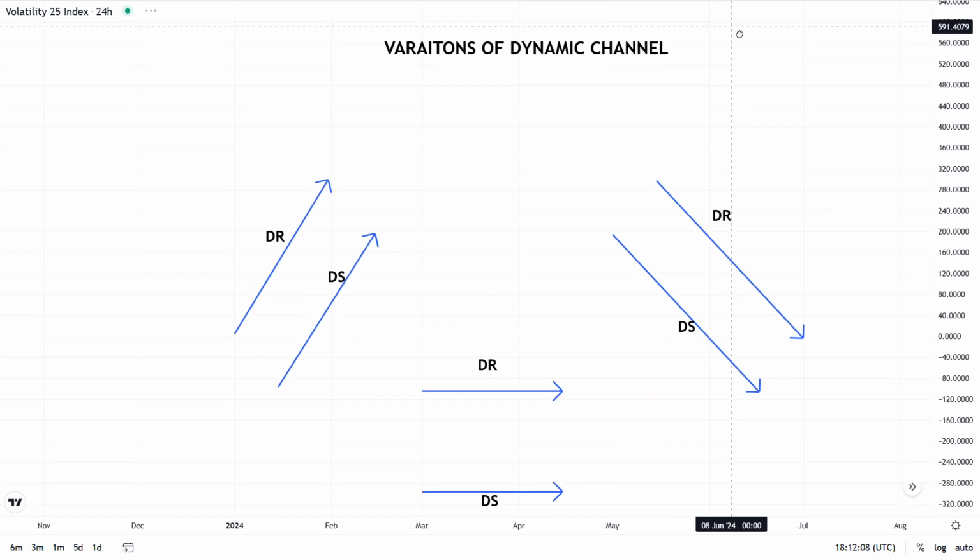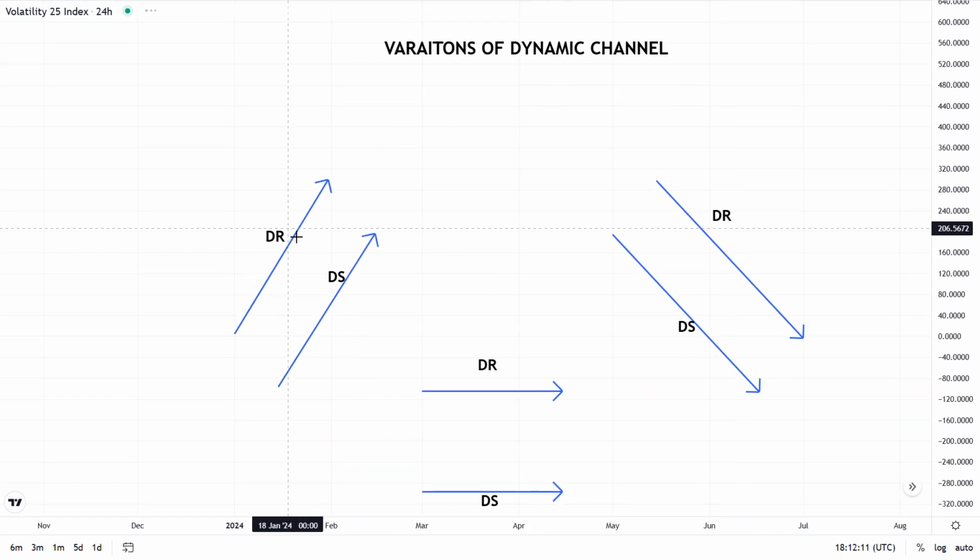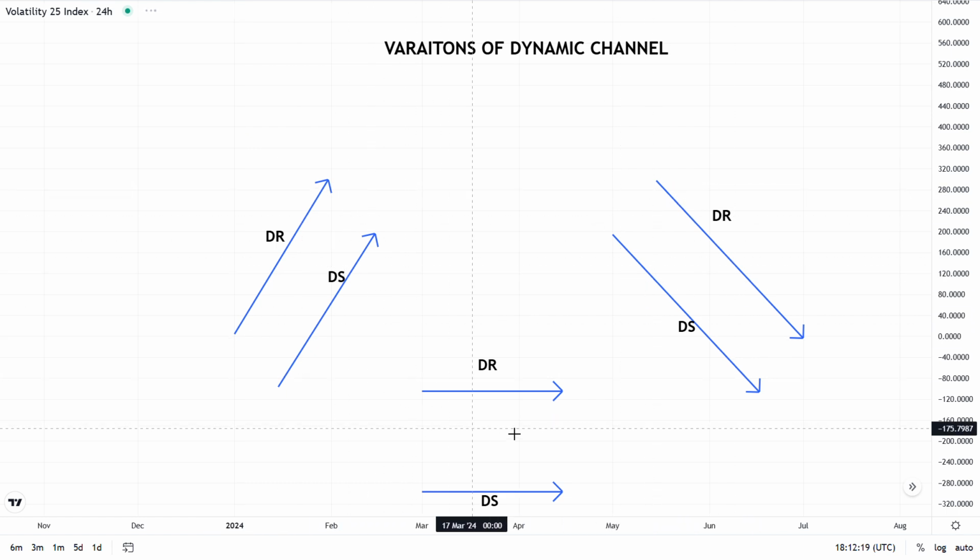Like I said, we have the dynamic resistance and we have the dynamic support. You get it. So we're going to talk about the upward movement, the downward movement, and the sideways movement. Traders need to develop the skills of recognizing these patterns and their interconversions across multiple time frames in order to make informed trading decisions.